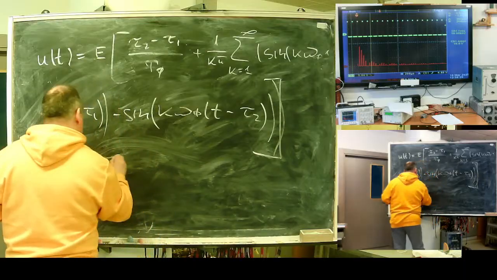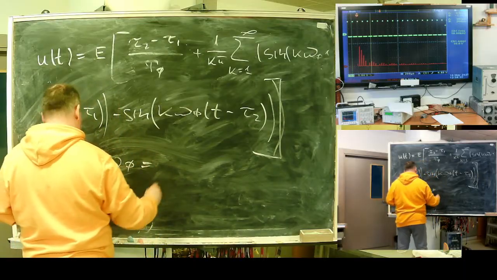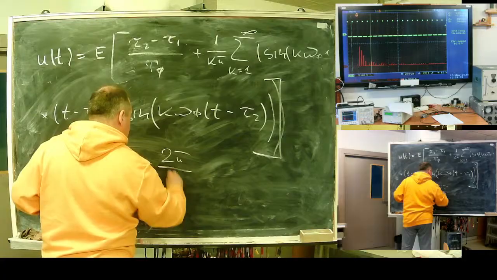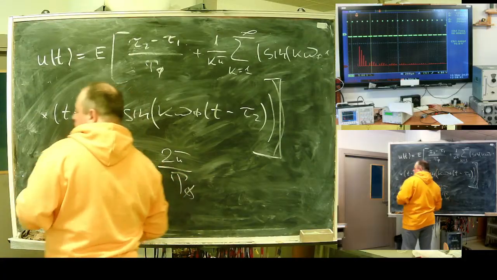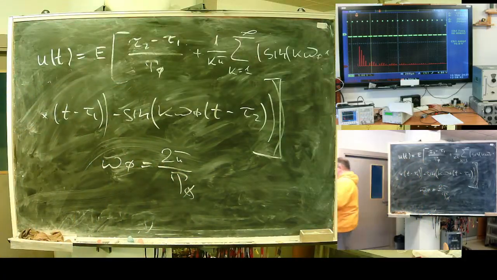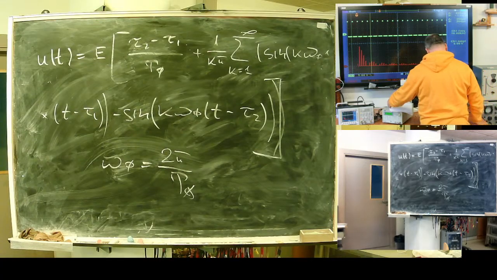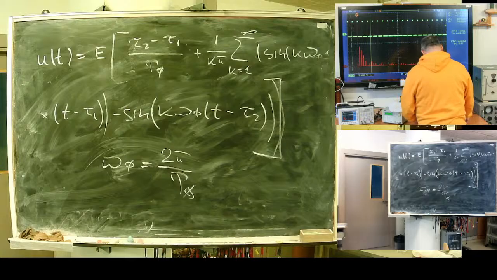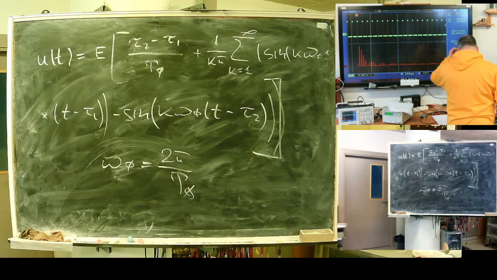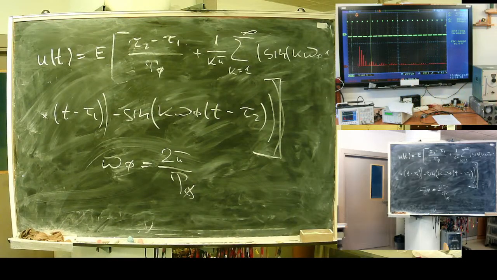Here ω0 is 2π divided by T0, but again, the general idea is to represent the signal as a difference of sines. Sine minus sine.